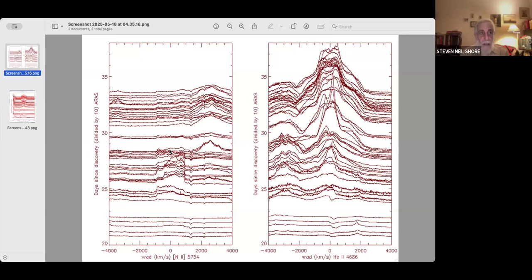It's a very difficult process because it involves coordinating different observatories, and the timescales require pretty much continuous observations.